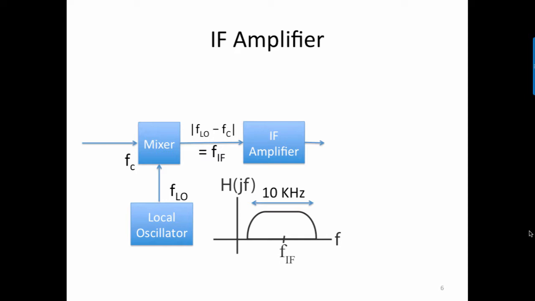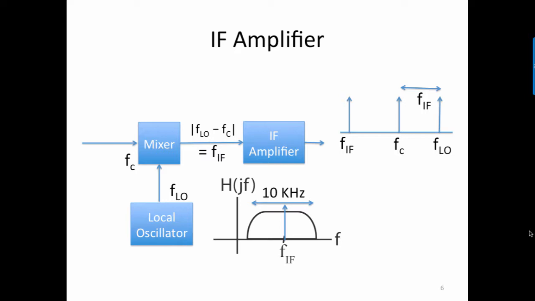Let's assume that in this example, the local oscillator frequency, FLO, is selected to be above the desired carrier frequency, FC, as shown here. Thus, the difference between the two inputs leaving the mixer is FIF, and so this signal enters the passband of the IF amplifier.